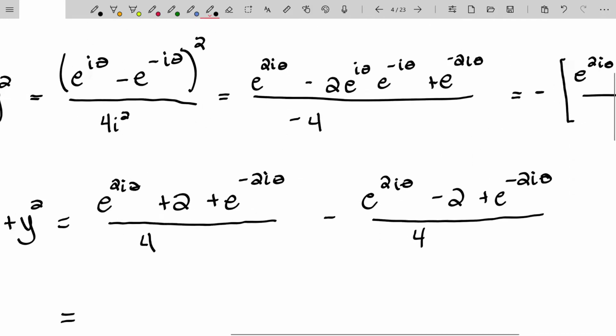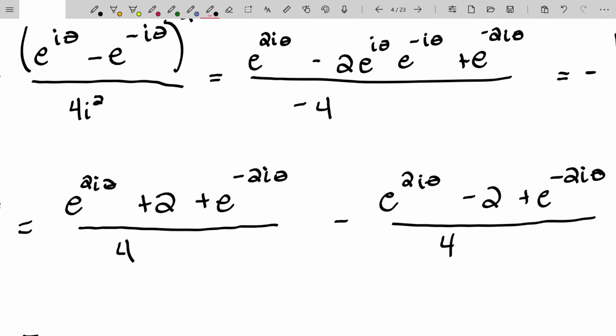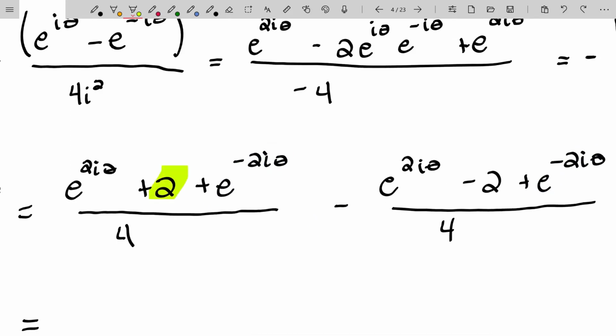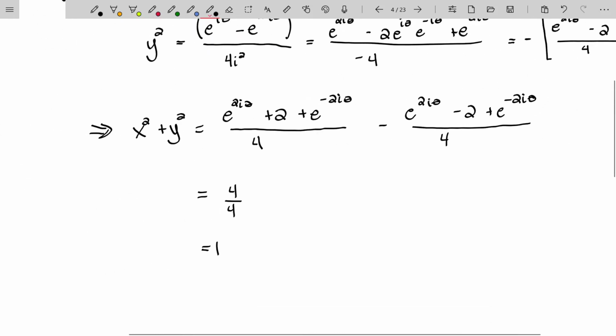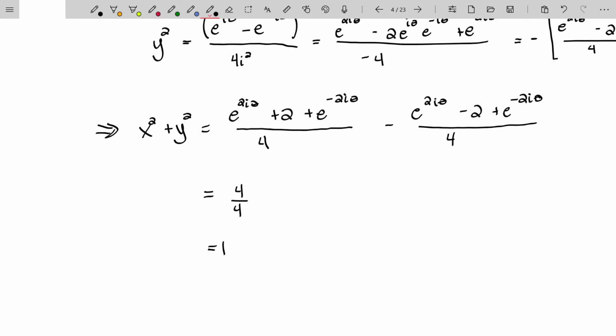Let's see here. e to the 2i theta minus e to the 2i theta, they're gone. And e to the negative 2i theta minus an e to the negative 2i theta, those are gone as well. And so we get 2 minus a minus 2, which is a positive 4 over 4, which is 1. And we get that same identity. x squared plus y squared is equal to 1.